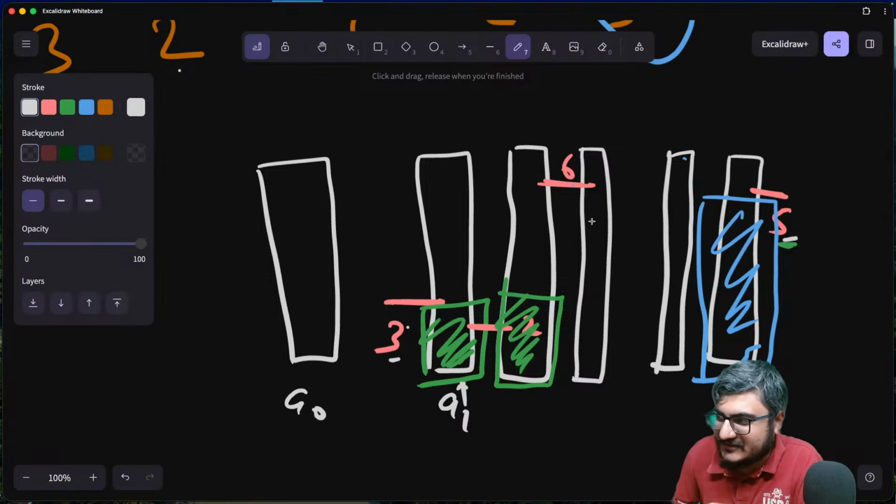Now when I got to 6, then I know that for this particular well, the maximum from right side would be 6. So for everything over here, the maximum from right side would be 6.